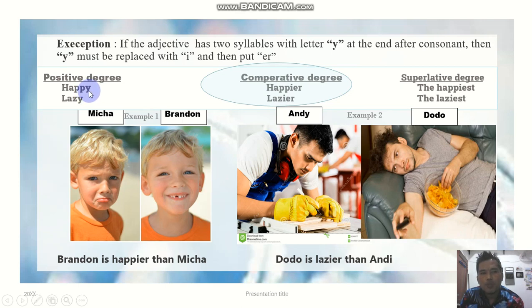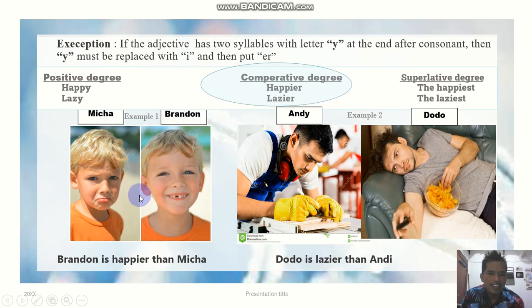So you have to omit Y and replace it with I, then you put er. So it becomes happier. Lazy, lazier. So with the letter Y at the end, you replace it with I and then put er. It becomes lazier.